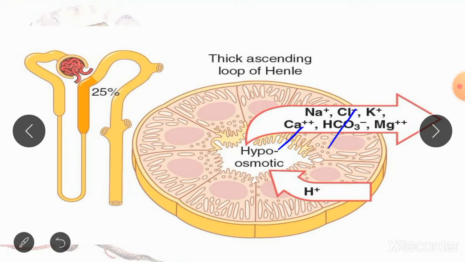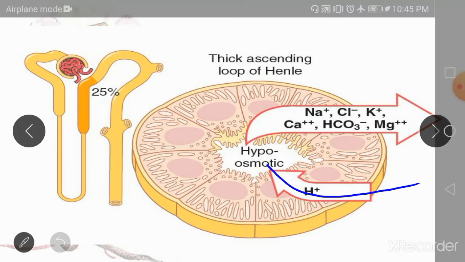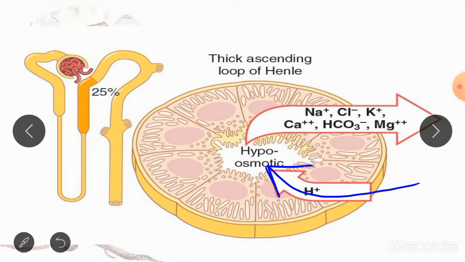Calcium, bicarb and magnesium ions are also reabsorbed from this part of the nephron, and hydrogen ions are secreted from the peritubular capillaries into the nephron to be excreted in the urine.